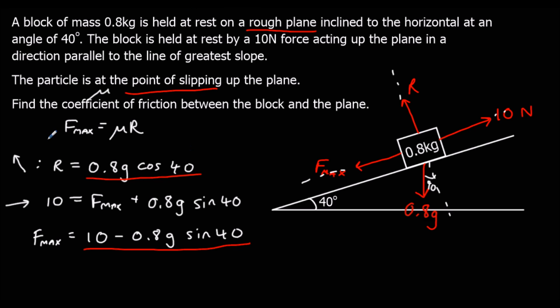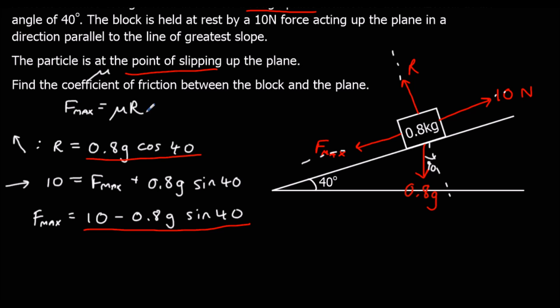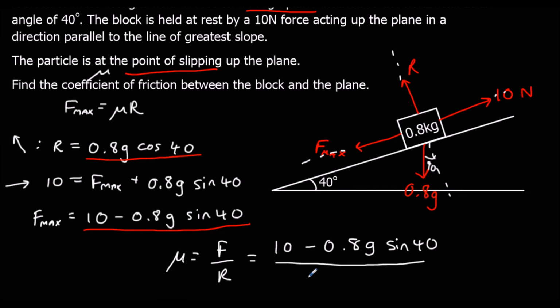So mu is going to be friction divided by R. So 10 minus 0.8 g sine 40 over R, which is 0.8 g cos 40.